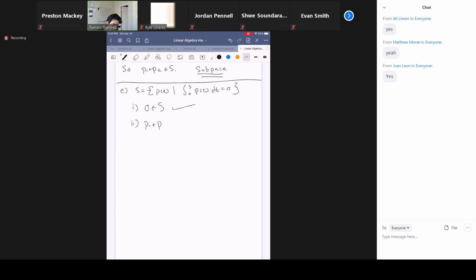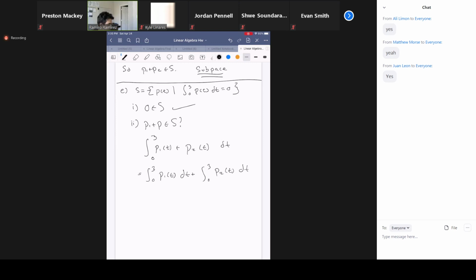Is P1 plus P2 in S? Well, yes. Because if you integrate P1 at t plus P2 at t from 0 to 3 dt, you're going to just distribute the integral for each one, like this.